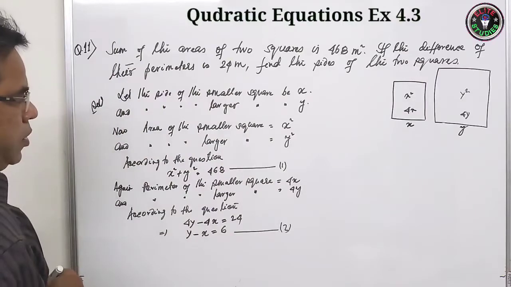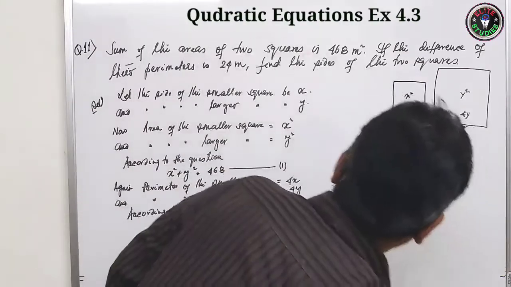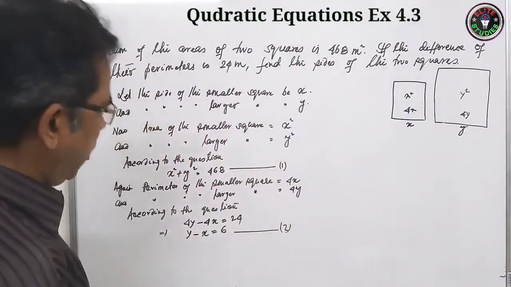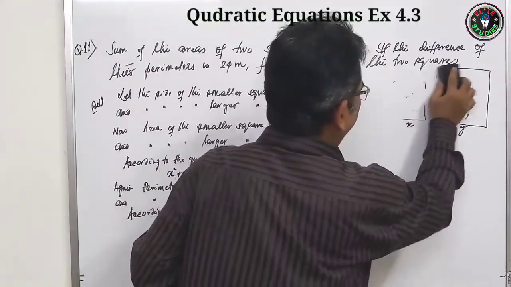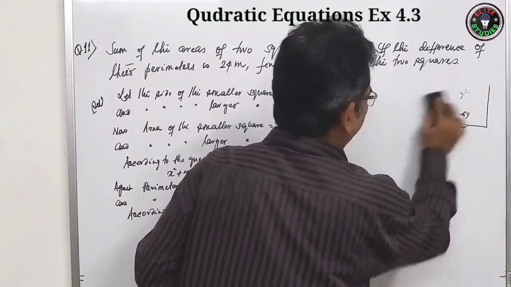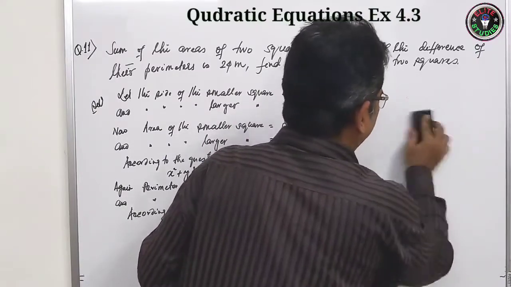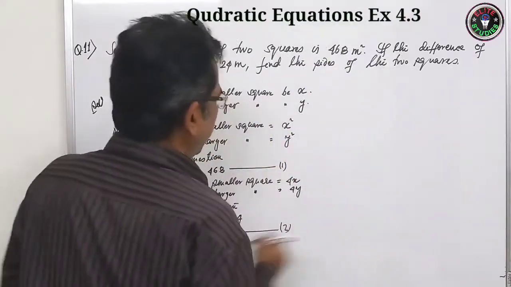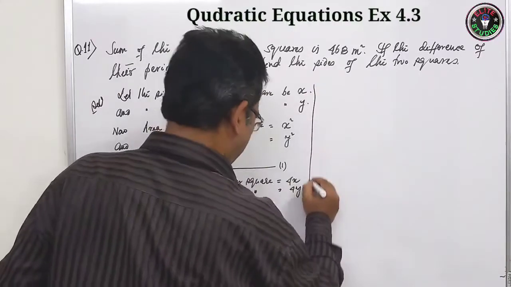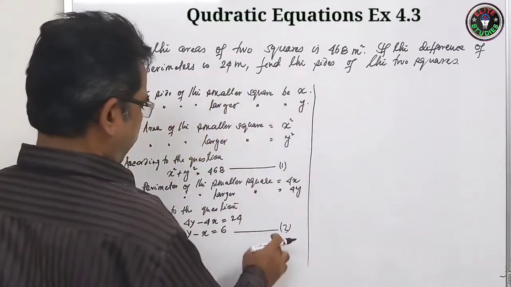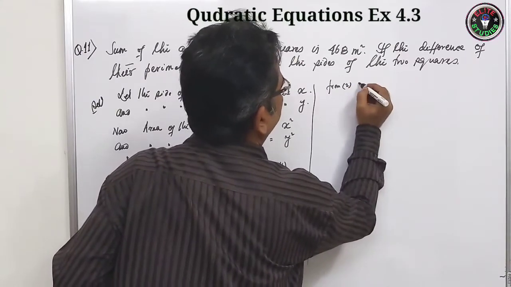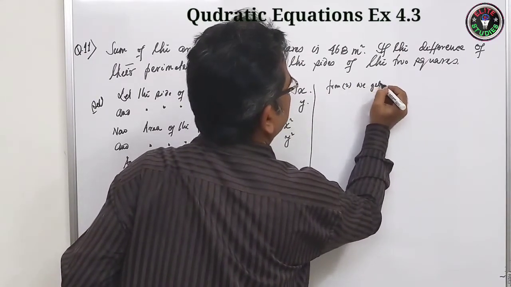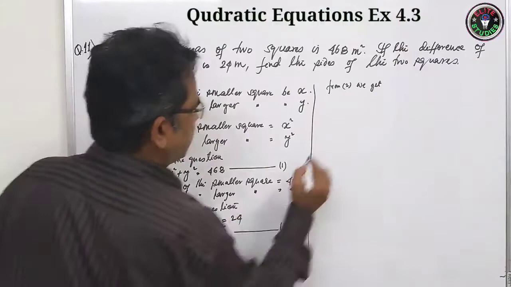We have derived the required equations. Now our third step is to solve for the values of x and y. We will solve these two equations. From equation 2 we get y is equal to x plus 6.